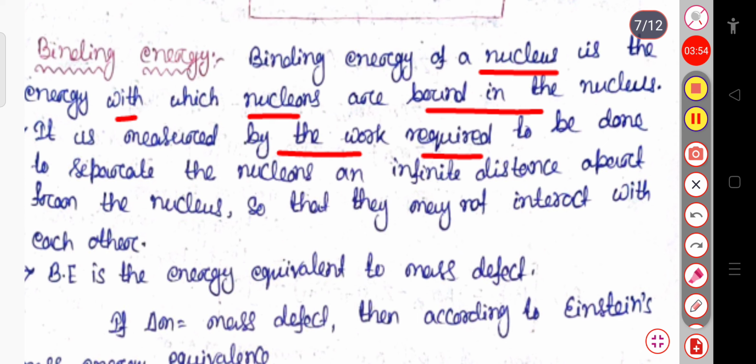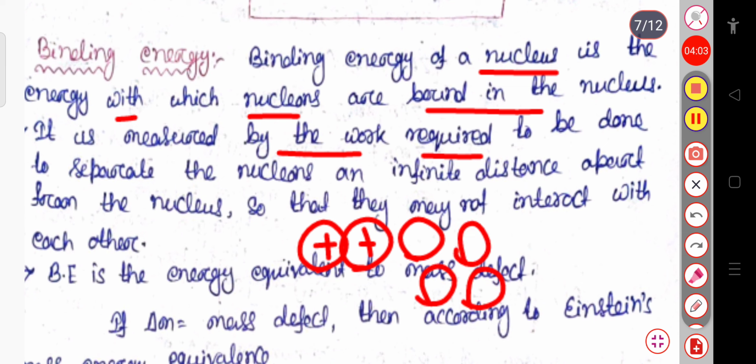It means that suppose I consider a nucleus consisting of some protons and some neutrons, neutrons having no charge and protons having positive charge.